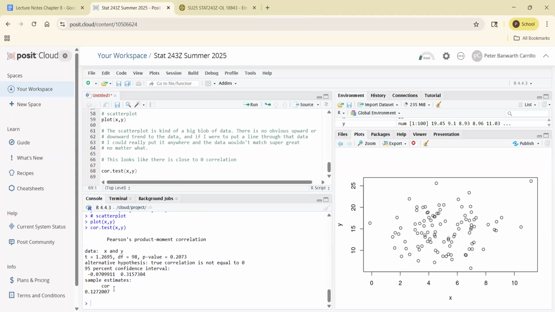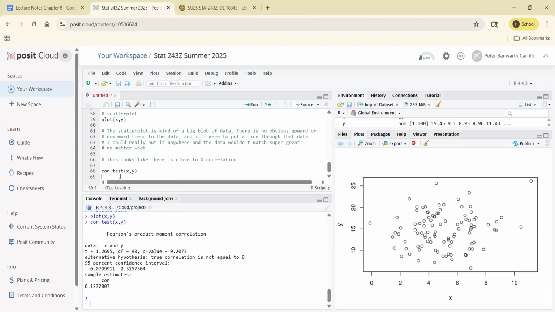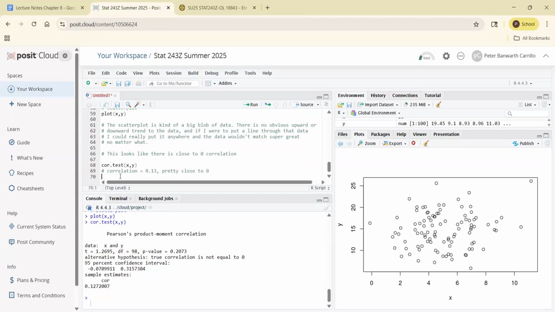Sure enough, we have a correlation of 0.13, which is pretty close to zero. But even more importantly, the p-value is 0.2073.